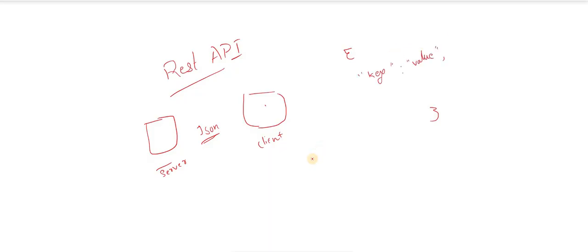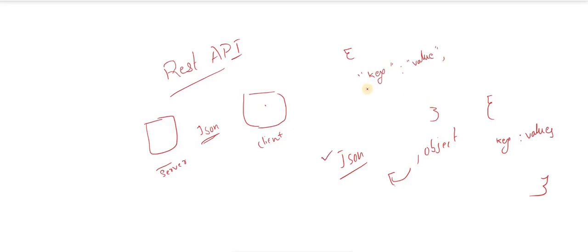One more thing I would like to explain to you, guys. JSON is one particular data format, and then there is the object. An object also looks like key-value pairs, with curly braces, one key and one value. So what is the main difference between them?